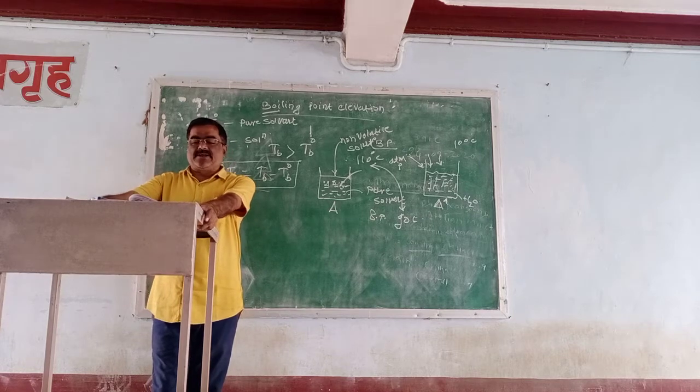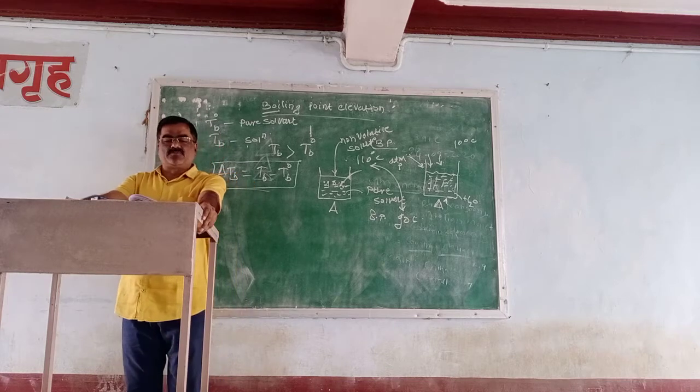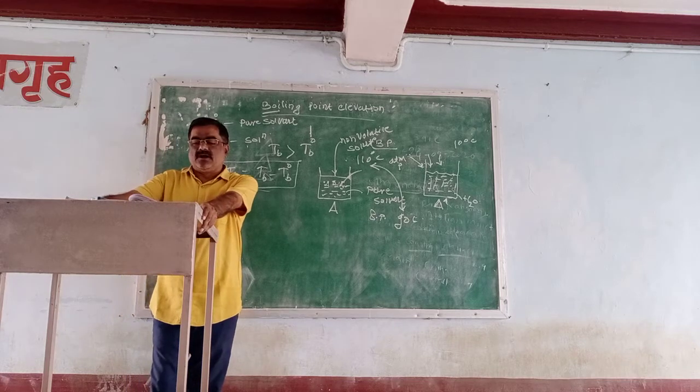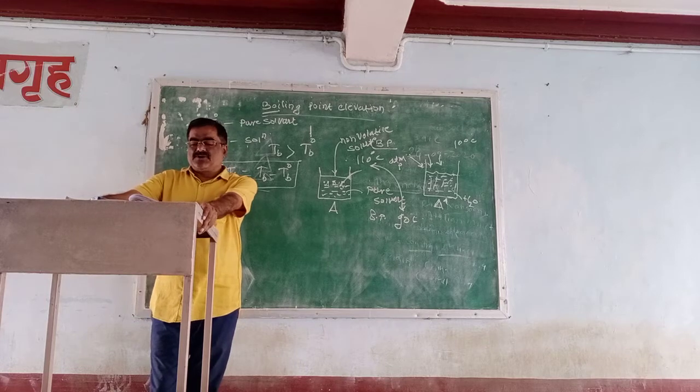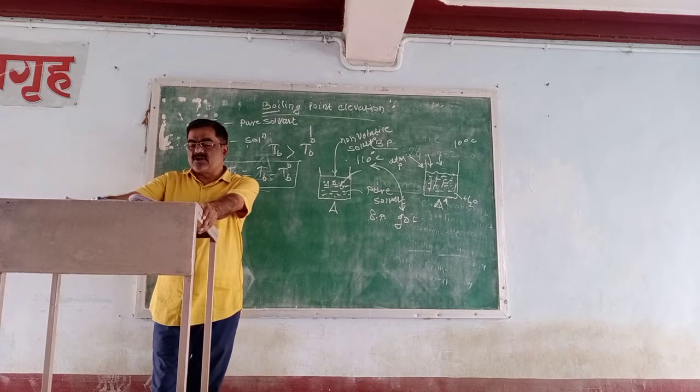At any temperature, the vapor pressure of the solution is lower than that of the pure solvent. Hence, the graph shows that the boiling point delta TB is equal to x2 P1 naught.